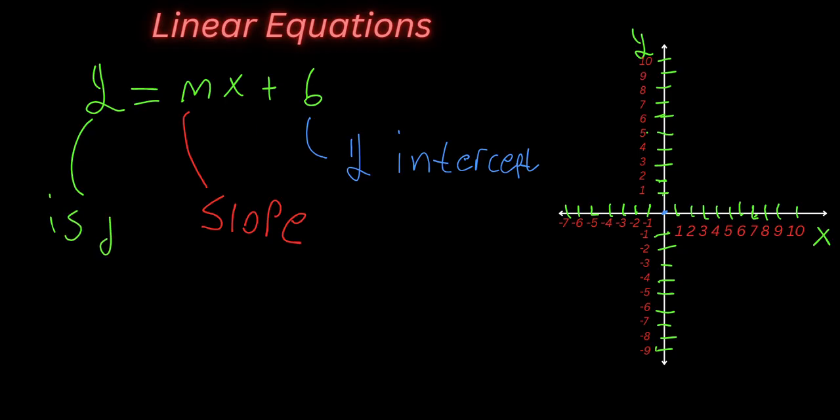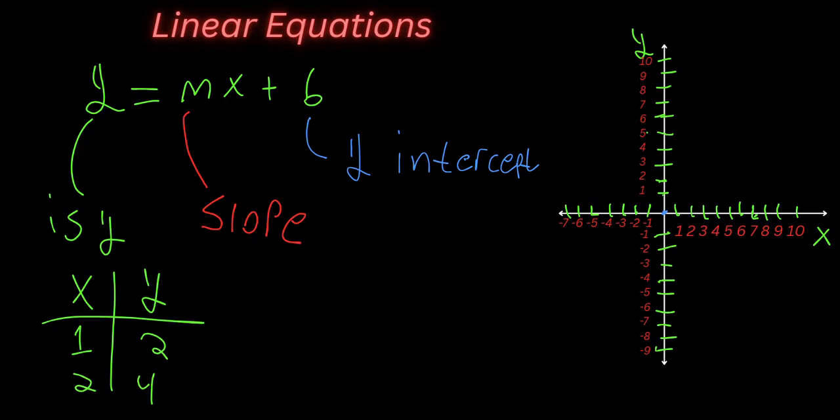Y is y. So when you're given an xy table, and you have 1 and 2, and you have 2 and 4, well, in this case, y could be 2, and when y is 2, x is going to be 1.